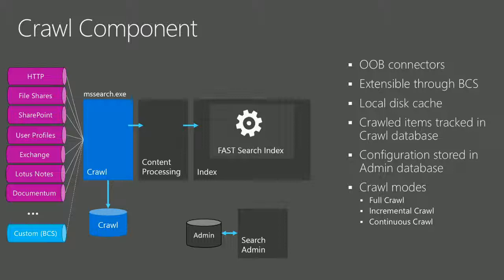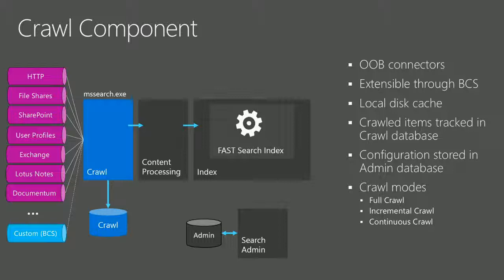That's a way that you can get your custom repository that isn't included in these connectors into your search index. So if you do a search on Bing for super simple BCS connector, it's a good place. A former colleague of ours wrote that, and it's basically a frame of reference for a scalable BCS connector that you can develop your solutions off of.